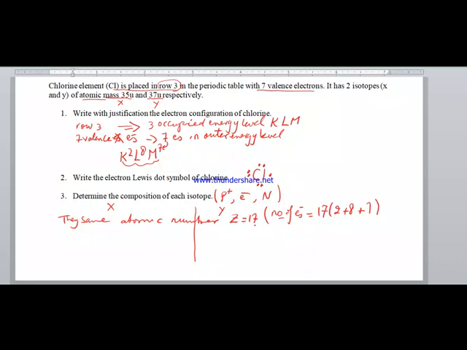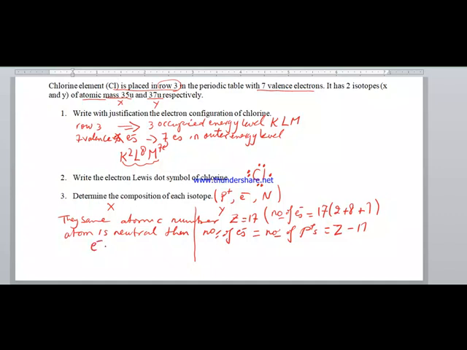Since the atom is neutral, the number of electrons equals the number of protons, equal to the atomic number Z, which is 17.